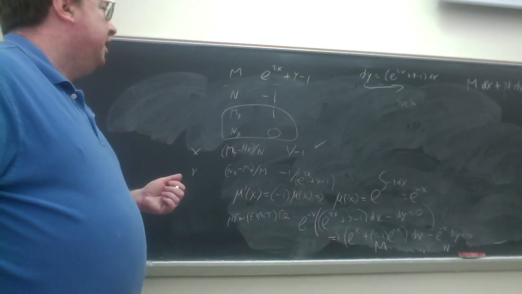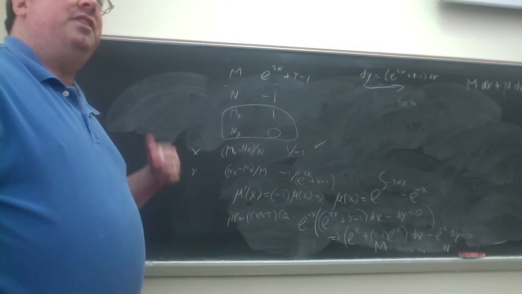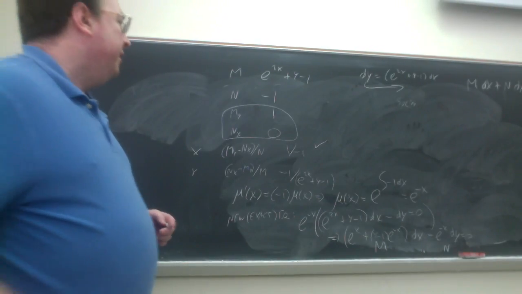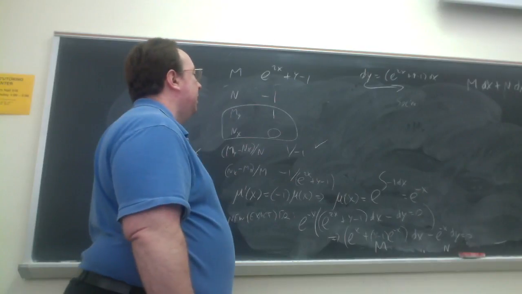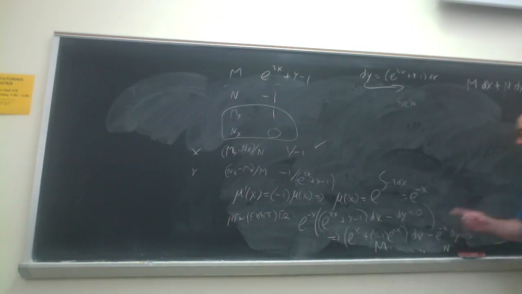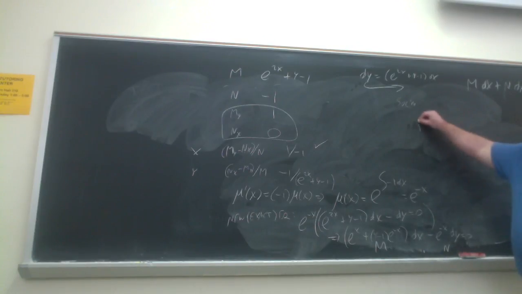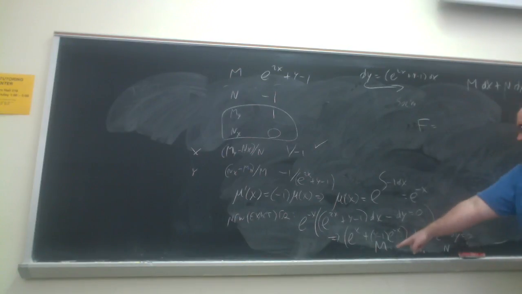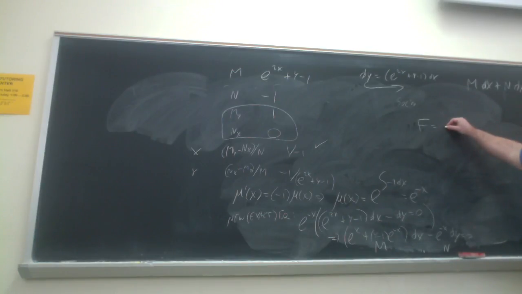If time permits, that's something you want to check. And then you can solve this by integration. So your big F is going to be the integral of M with respect to x. So we're going to get e to the x minus x plus some unknown function of y.